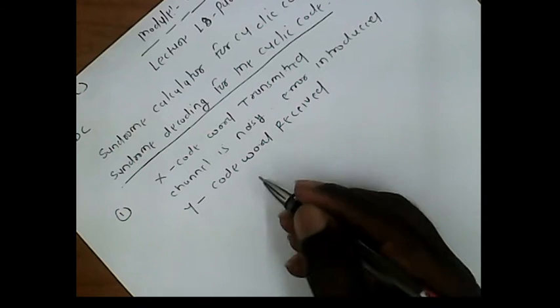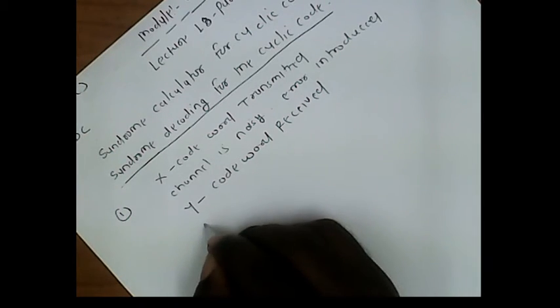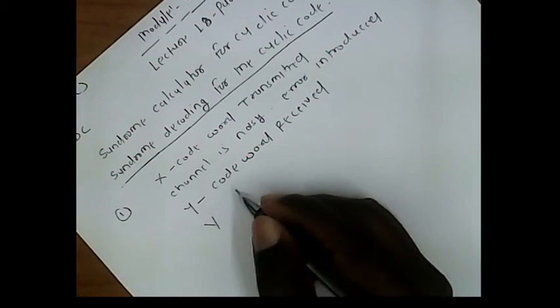The received code word, that is Y, is the code word received at the receiver side. When the transmitted code word is not equal to the received code word, this is due to the error. So how do we remove that error?